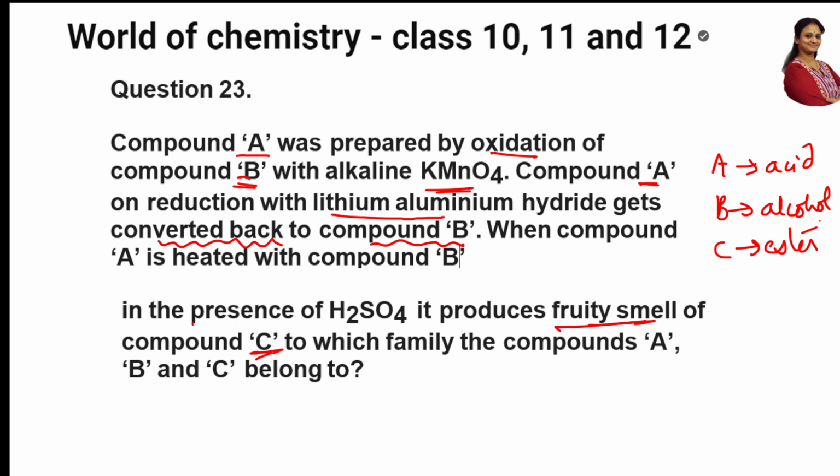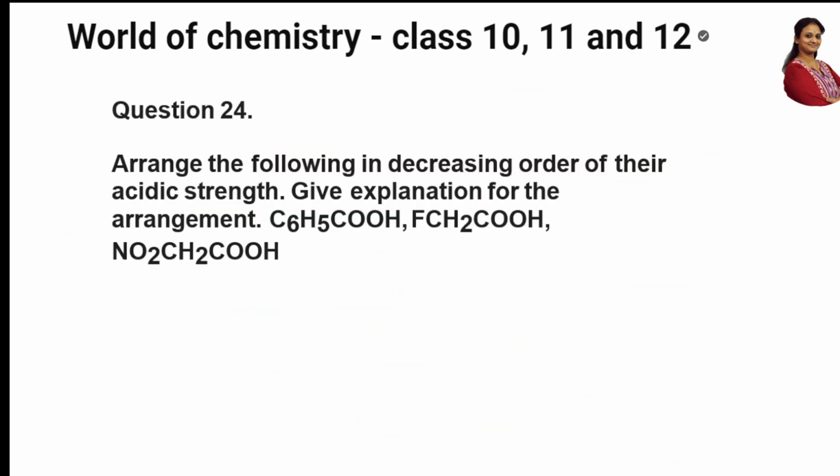That's easy. Question: arrange the following in the decreasing order of their acidic strength and give an example for the arrangement. Just now I said, acidity increases as electron withdrawing group increases.